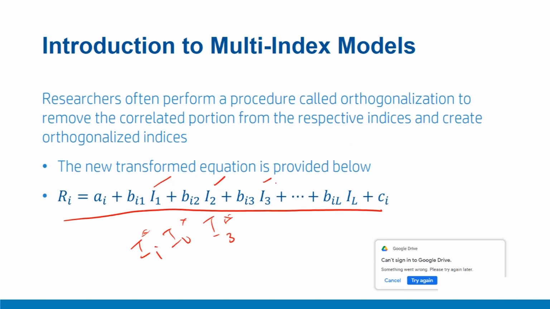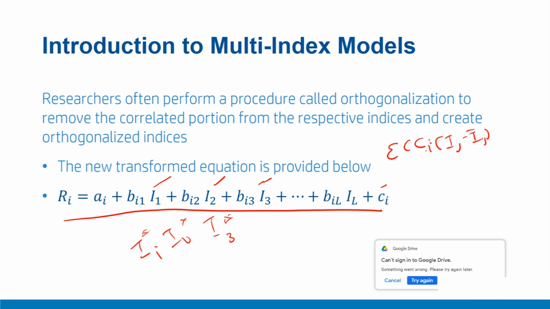That means these new indices are so constructed as to have no correlation with each other and the error term. So first and foremost, we can say that the error term is not correlated with these indices, and that can be represented as this Ij minus Ij bar.